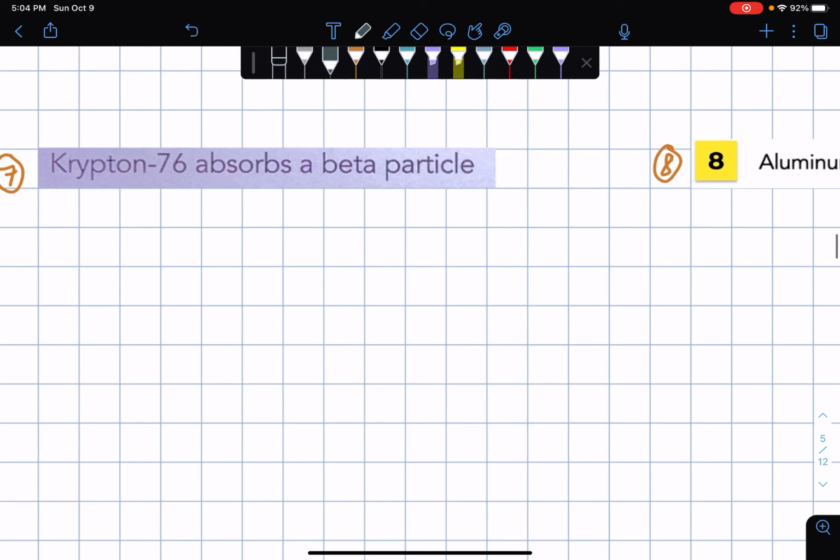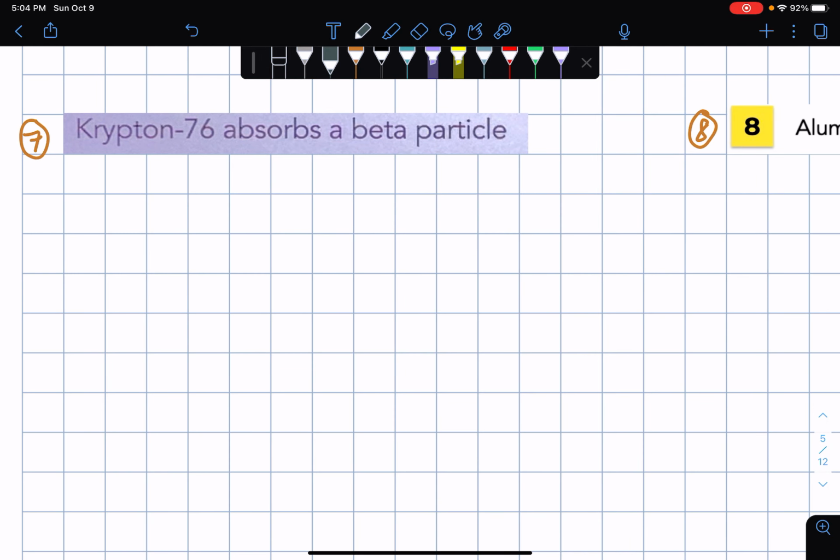Right. For number 7, krypton-76 absorbs a beta particle. So the keyword is absorbs. Beta particle, we get something like this. So krypton, Kr, atomic mass 76, atomic number 36.